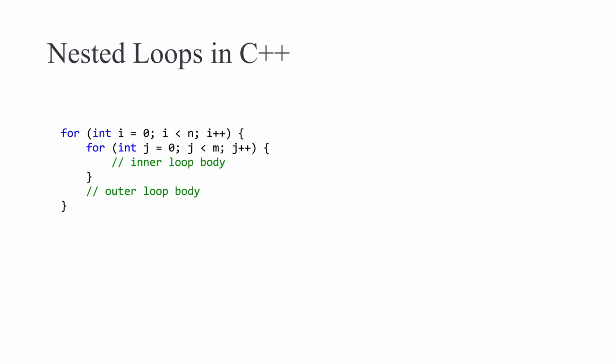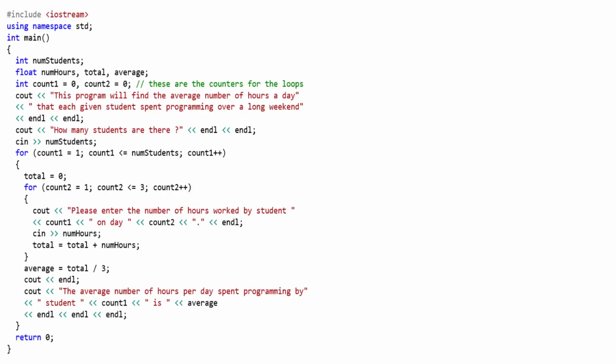This program prompts the user to input the number of students and the number of hours each student spent programming over a long weekend. The program then calculates the average number of hours per day spent programming by each student and outputs the result to the console. Here is how the program works.